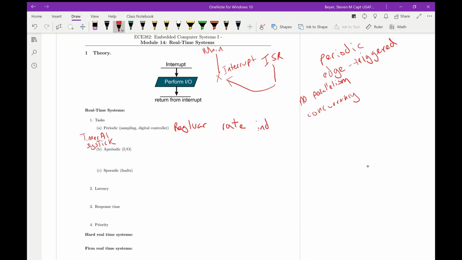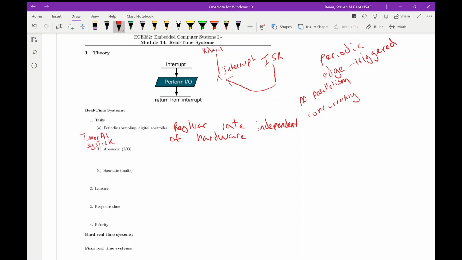Independent of hardware. No matter what's going on, at a continuous regular rate, a period is going to happen, and the ISR, interrupt service routine, is going to run.